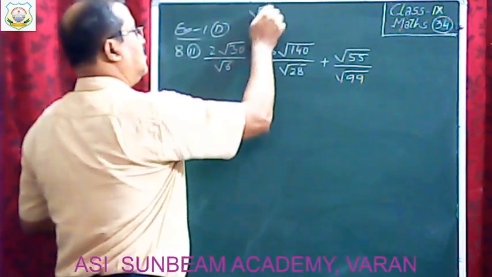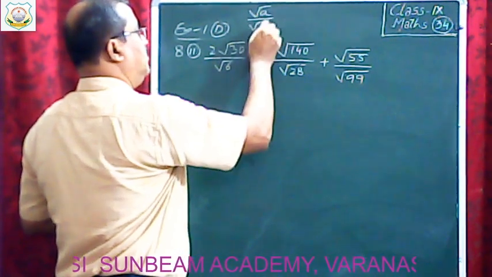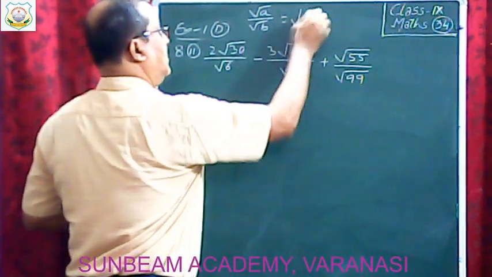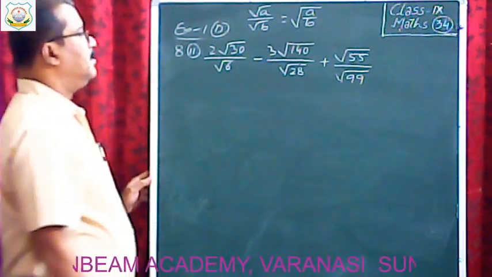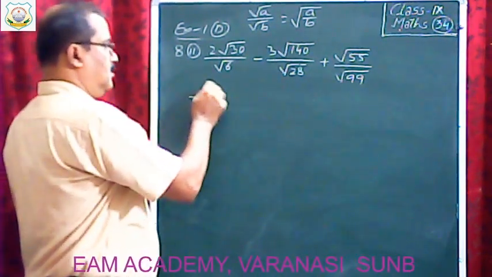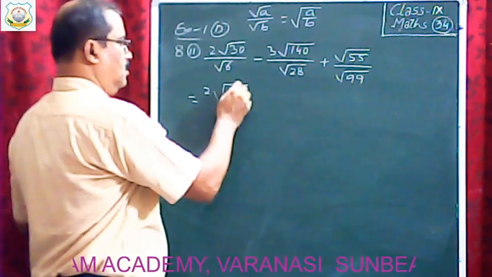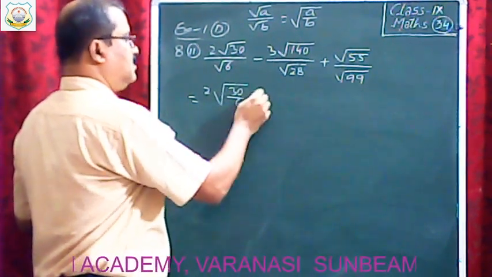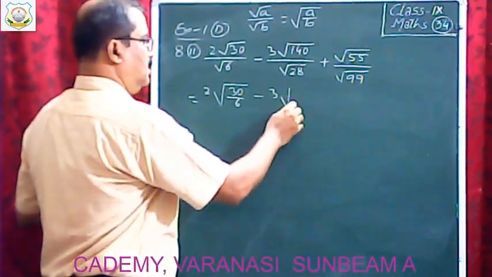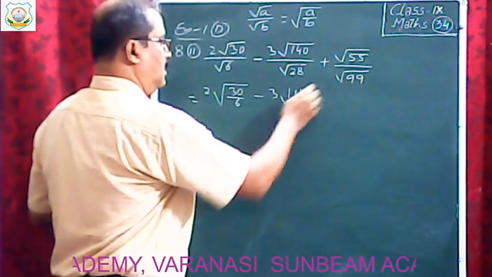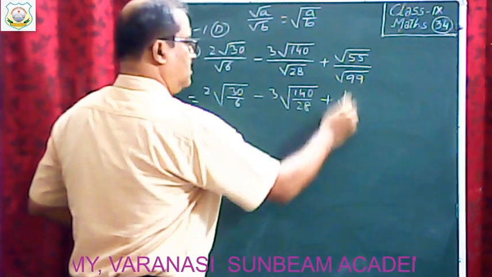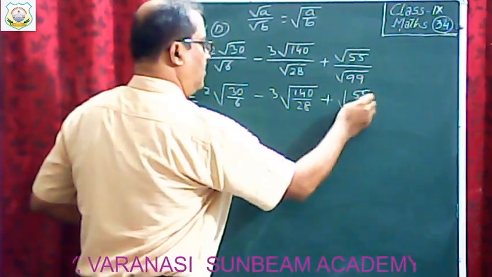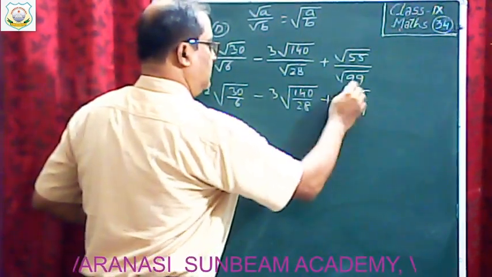As you know that square root a upon square root b equals square root a upon b. Okay, that you have to follow. You can write 2 square root 30 upon 6, 3 square root 140 upon 28 and square root 55 upon 99.